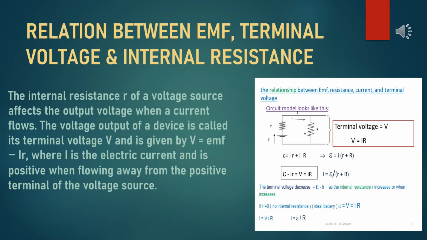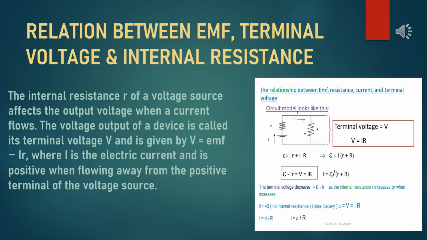Terminal voltage V is equal to I into R. Now, E is equal to I r plus I capital R. That is, if we take I common, E is equal to I into (R plus r). That means total resistance is R plus r. So, E minus I into small r is equal to V is equal to I into R. That is, I is equal to E by (R plus r).